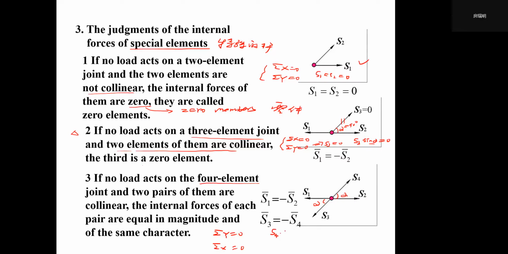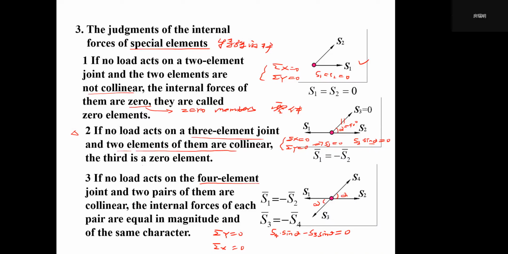times sine alpha. This component will be along the positive direction of y. We also have S third sine alpha, but it's negative, so it has a minus. So we have S4 sine alpha minus S third sine alpha equals 0.